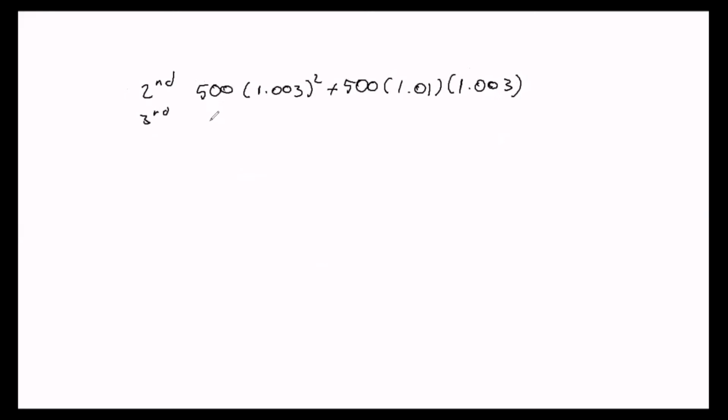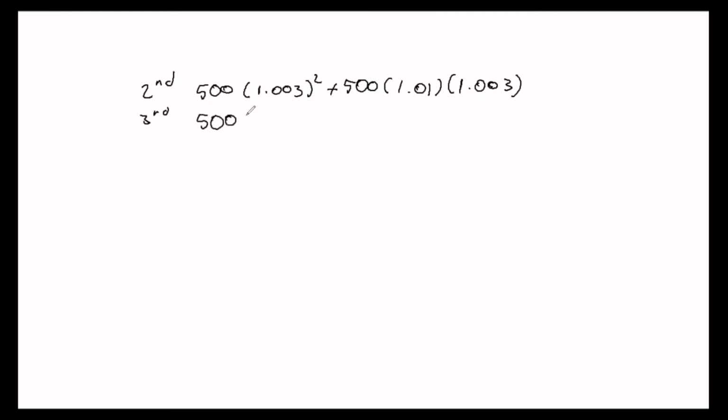So we ended up with our second month being 500 bracket 1.003 plus 500 outside of 1.01 outside of 1.003, right? Yeah. So for our third, don't worry, I'm not going to do this 60 times. I just want to show you the pattern here.